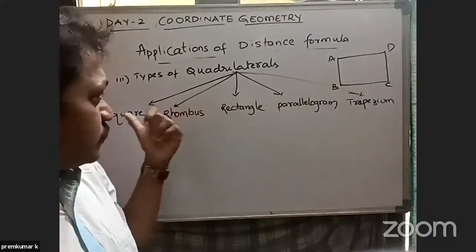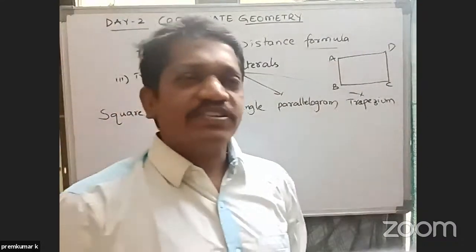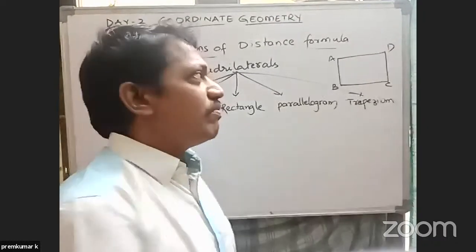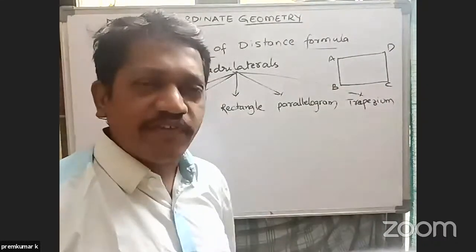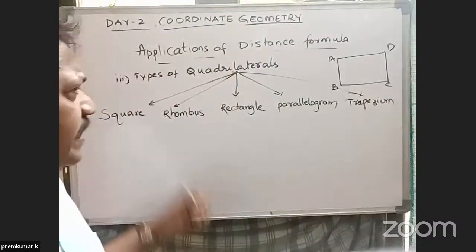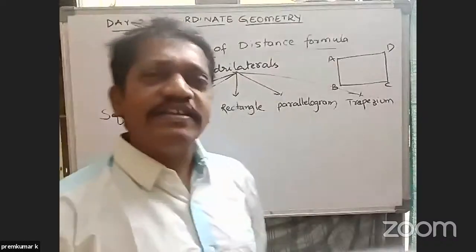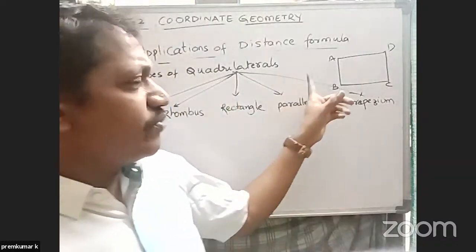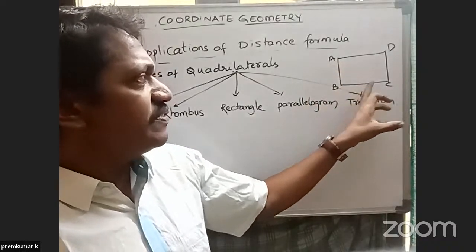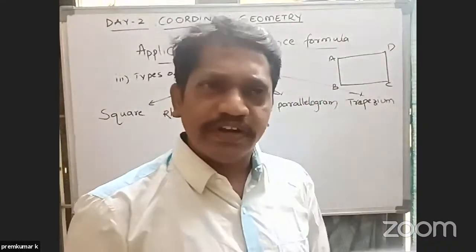Now, you know the characteristics of a square. In a square, all sides are equal. For that, whatever quadrilateral is given, first you have to find the distance of all these: AB, BC, CD and DA.